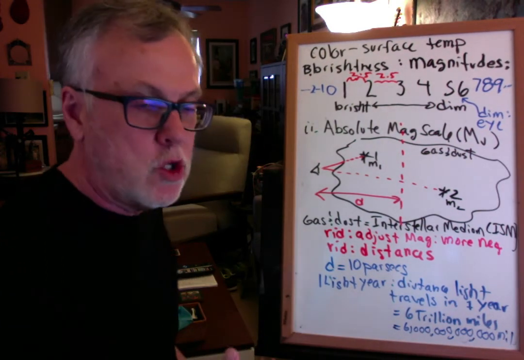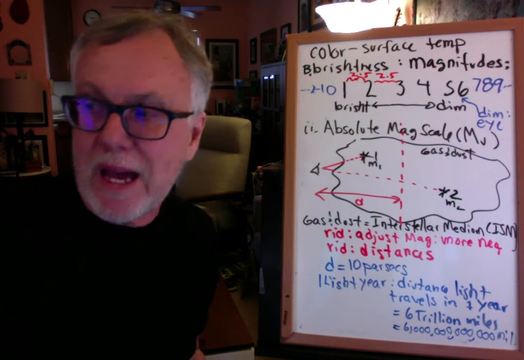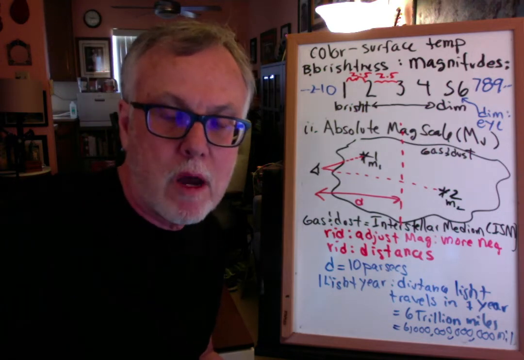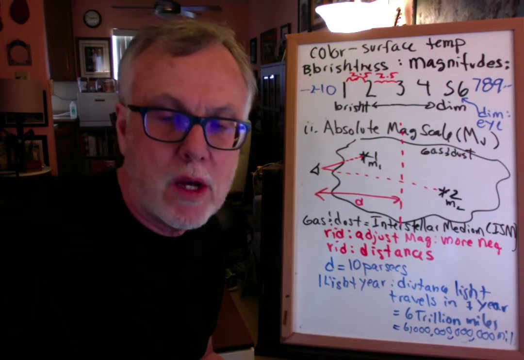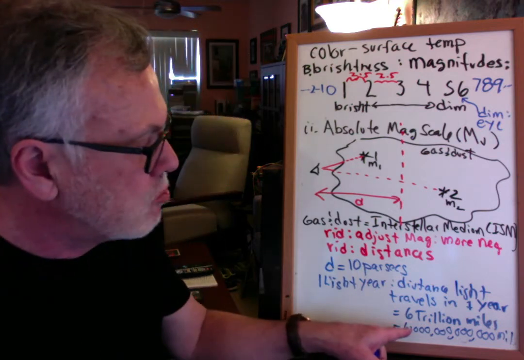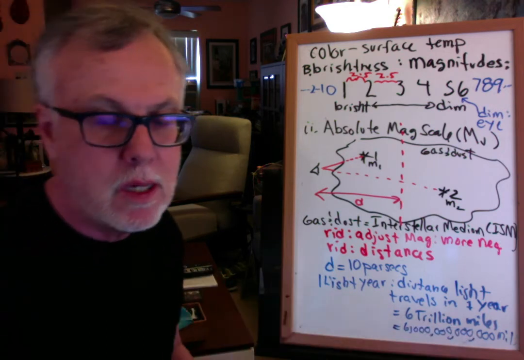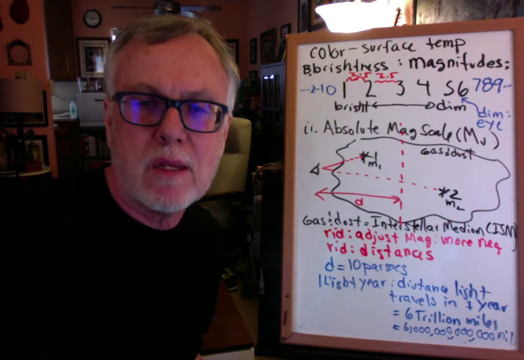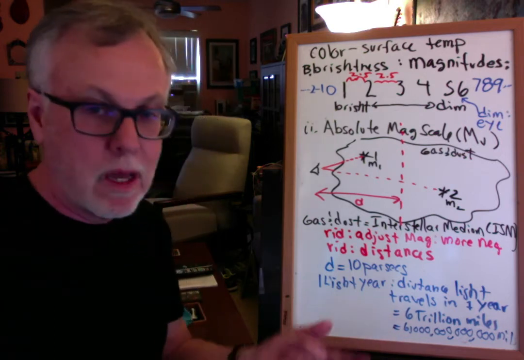So that's a unit we use for galactic distances simply because galaxies are huge. Our galaxy's roughly 100,000 light years across. How would you like to write 100,000 times that in miles to give the size of our galaxy? I'd rather write light years.